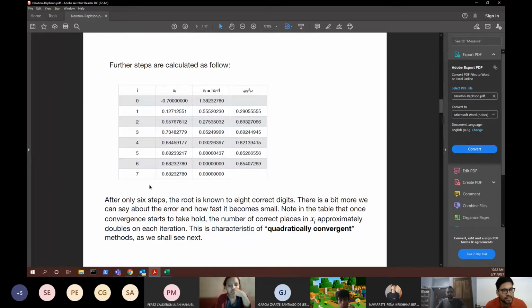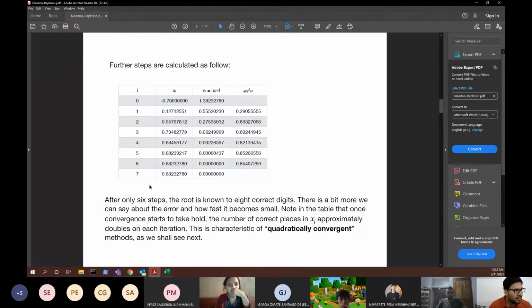El número de dígitos correctos prácticamente se duplica en cada iteración. Okay? So that's one characteristic of the Newton method, and this characteristic is called quadratically convergent. So the Newton method is a quadratically convergent method.